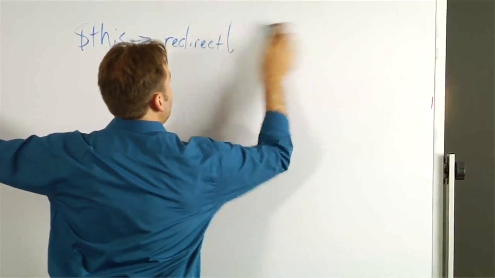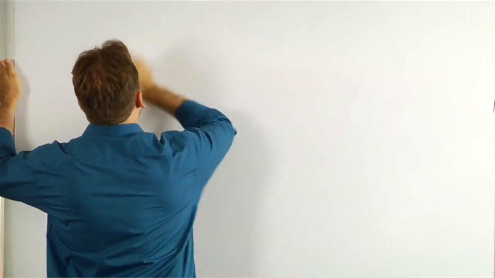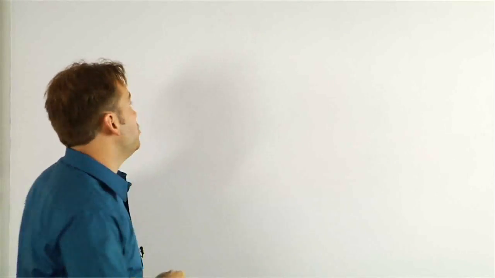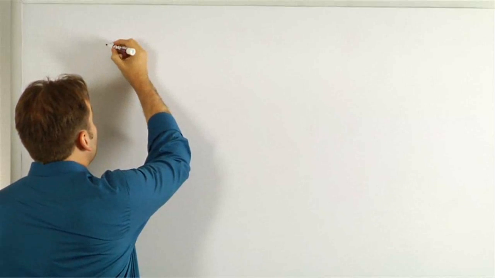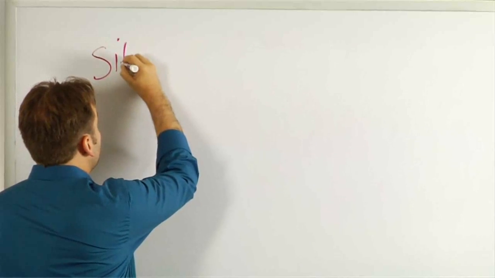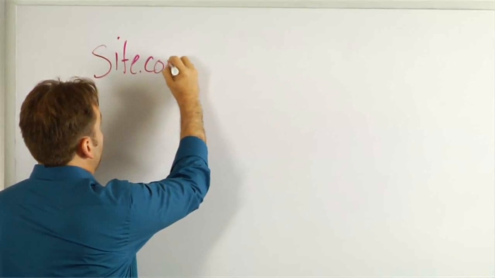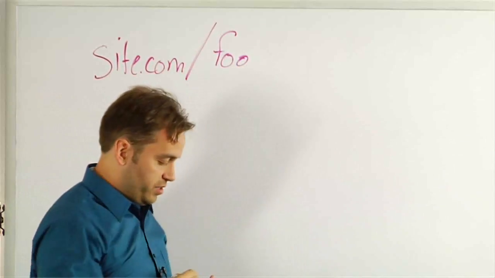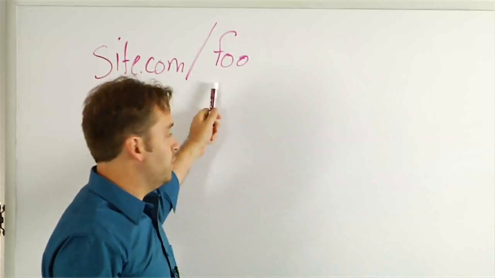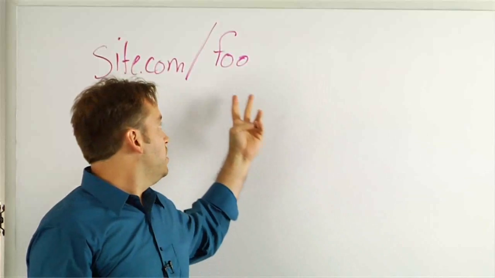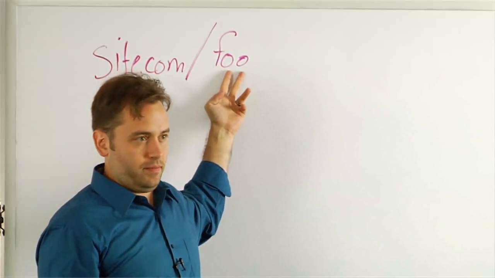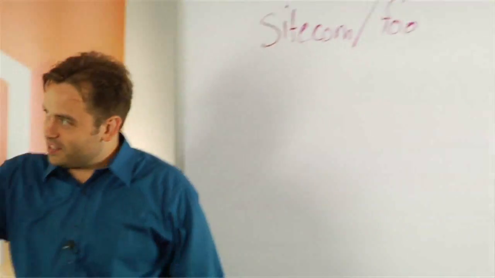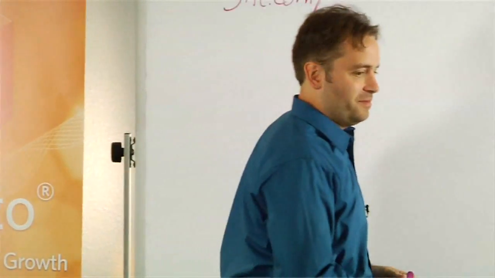So let's see. All right. So I can now go to site.com, and the system will know what to do with my request because this is my front name. And it's my front name because I said it was my front name.